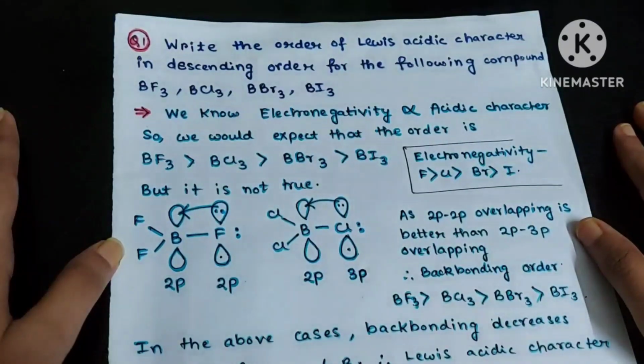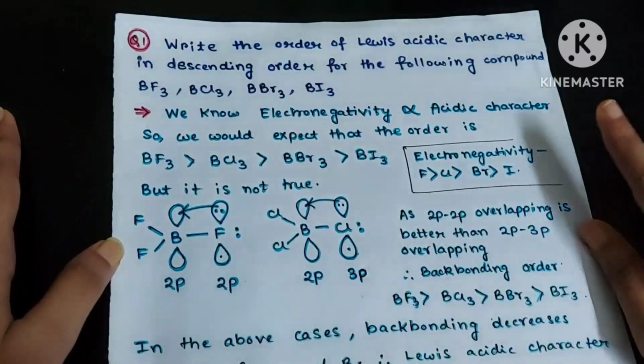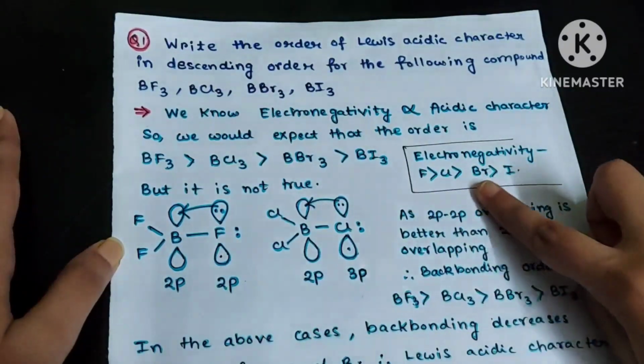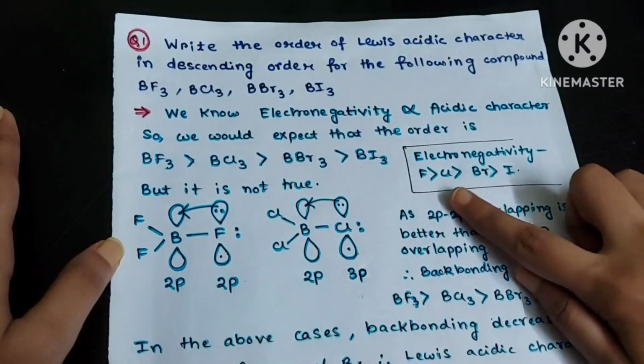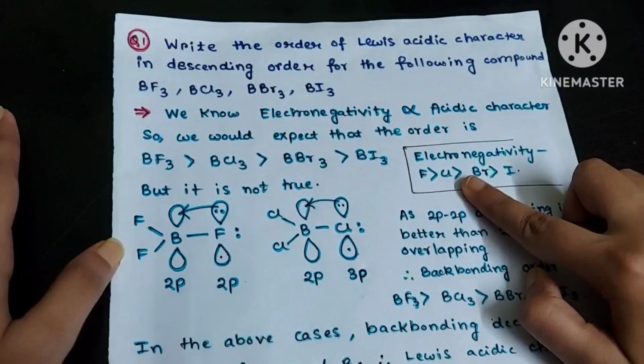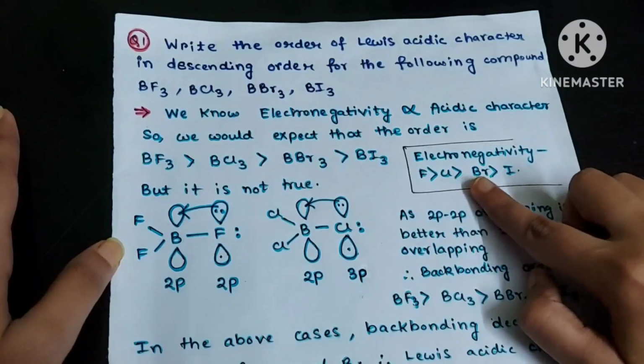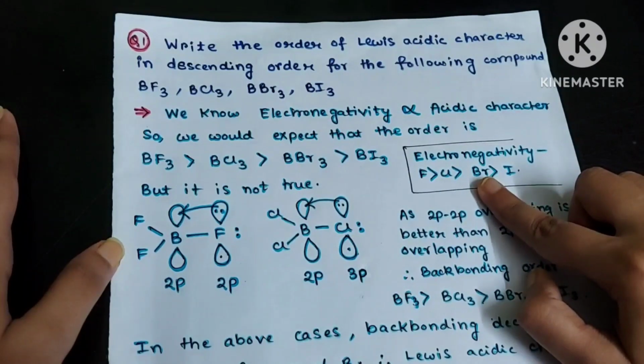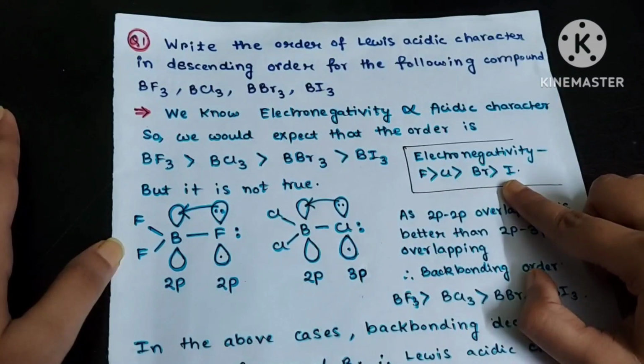This is the descending order of acidic character according to us, as expected, because the electronegativity order is F, Cl, Br and I. F is greater than Cl, and the electronegativity of chlorine is greater than bromine, and the electronegativity of bromine is greater than that of iodine.